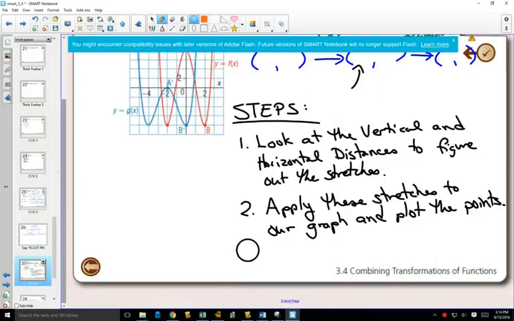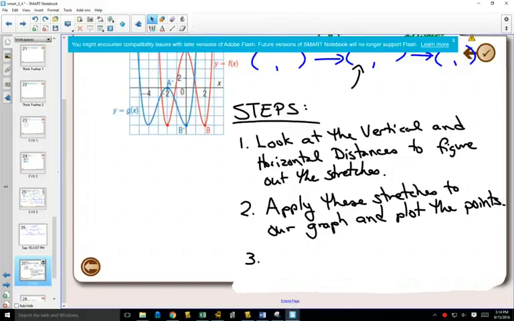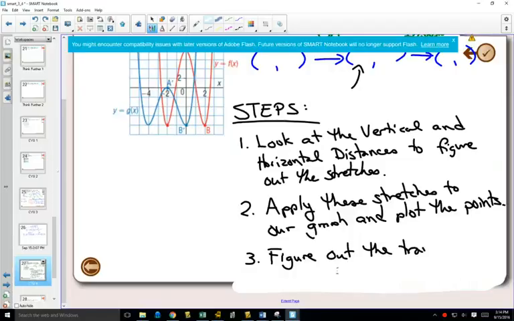Step 3, we can use our points to figure out the translations.